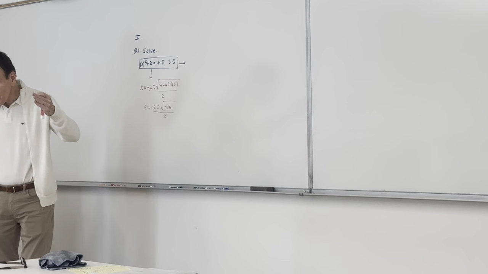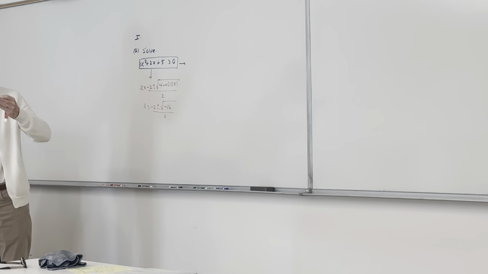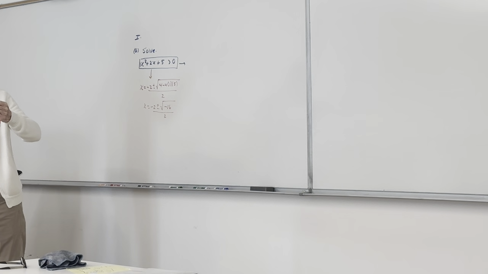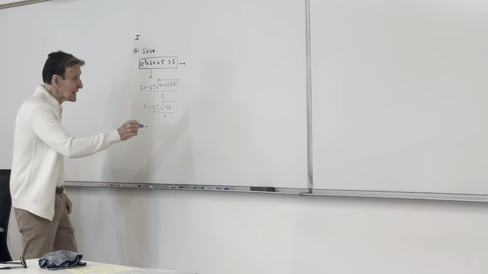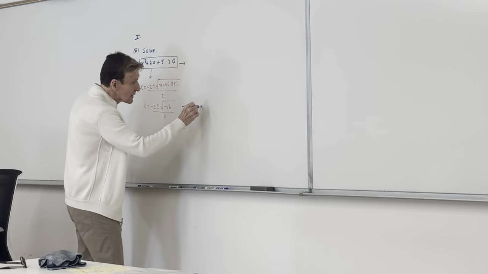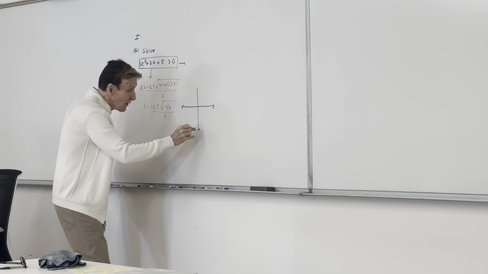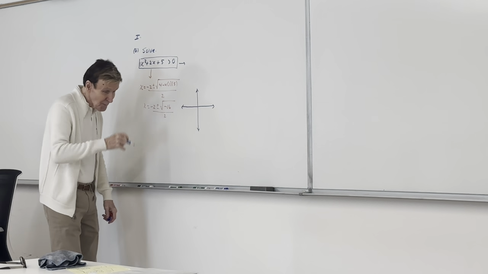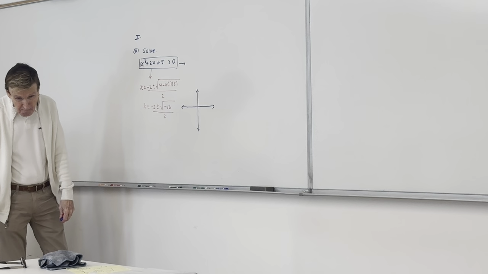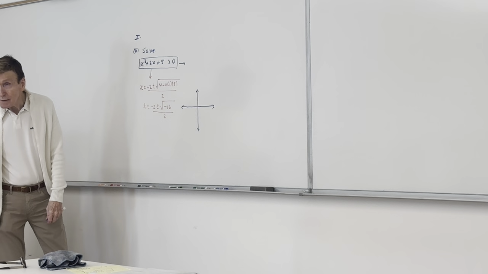So I know right now, yes, it's a parabola, and it's going to open up. But where is it? So when I go to a grid, I get an idea of what that parabola looks like and where it is. All I know at this point is, Professor, it opens up, and that's all I know right now.